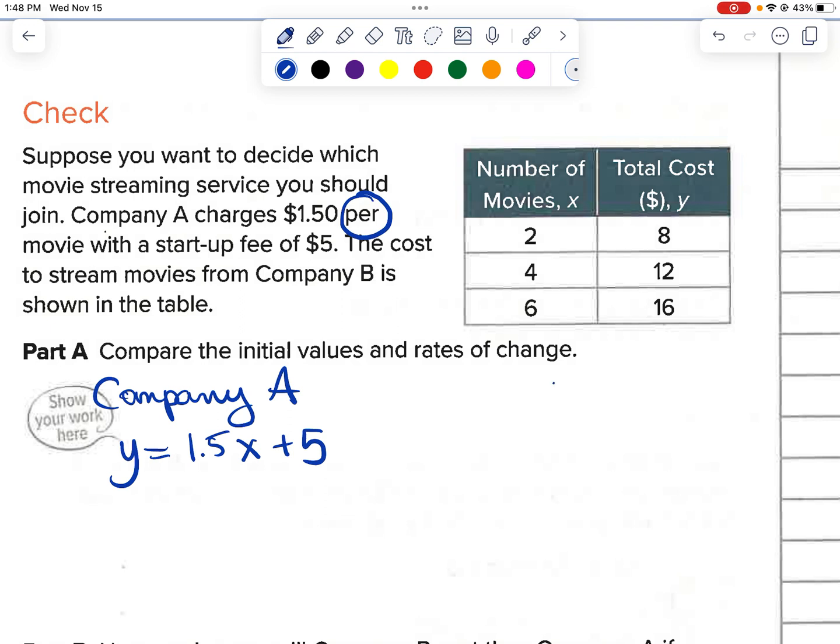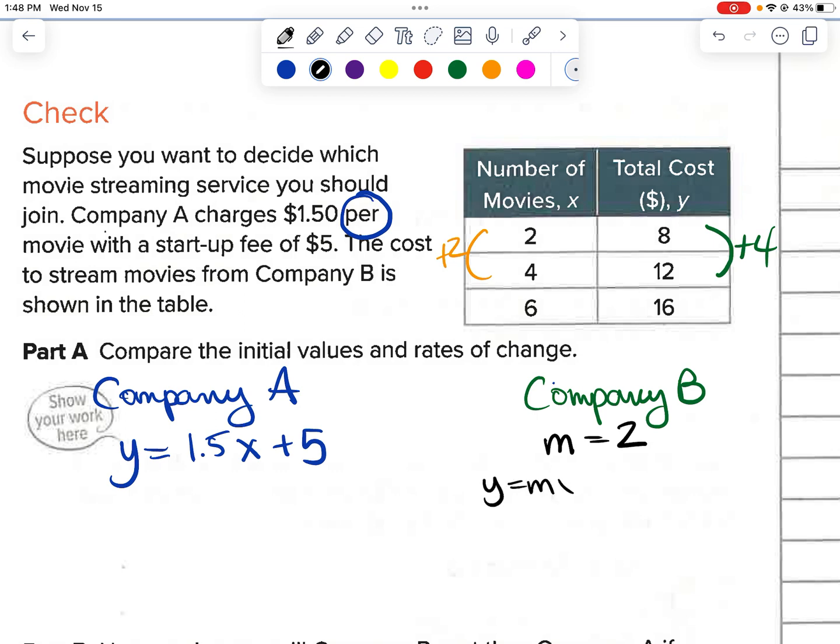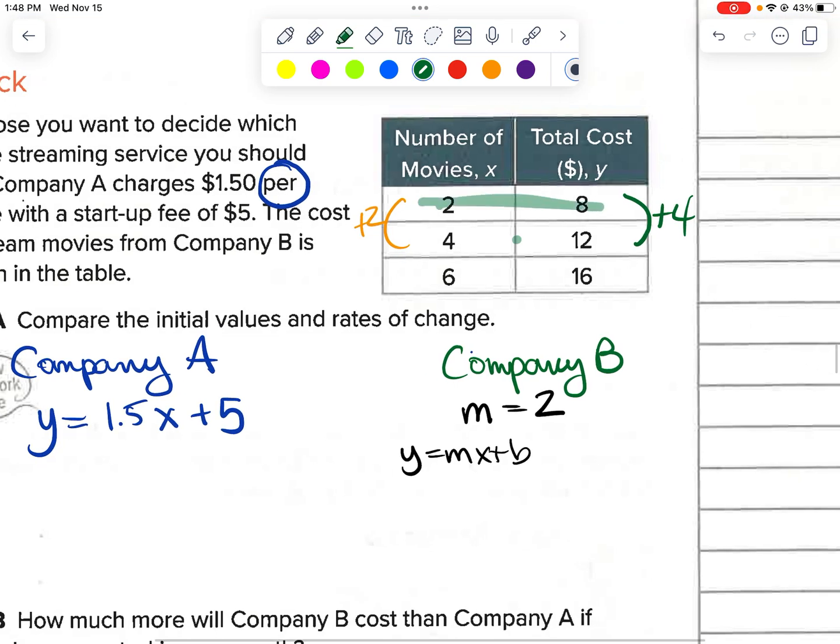Over here, Company B. I add 4 here. I add 2 here. So that is going to get me a slope for this one of 2. But I need the y-intercept. So remember, y equals mx plus b. I'm just going to use this point right here.